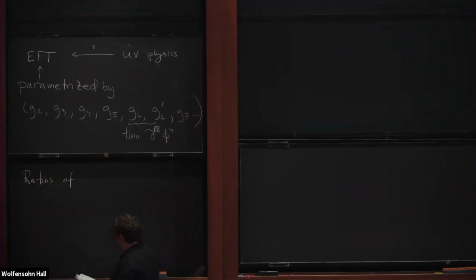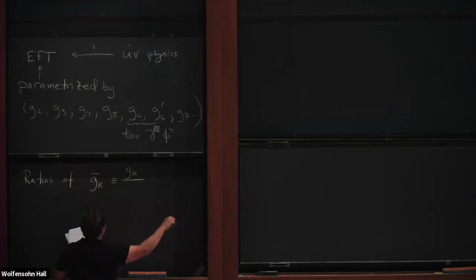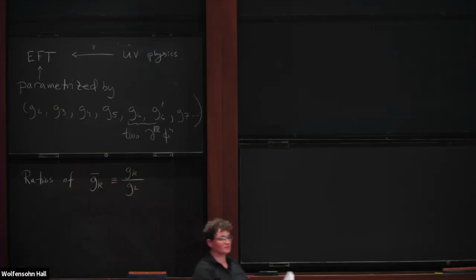Okay, so now I'll define these barred couplings, G_K bar, and these will be the usual G_Ks on the other board, divided by the lowest one of these G_Ks. Now you might say, what if G2 is 0? Well, if G2 is 0, we clearly have to do something else. But maybe G2 is not allowed to be 0, as we will see.